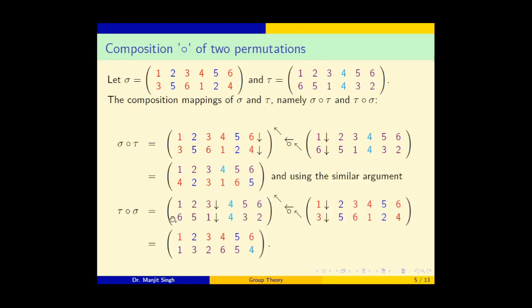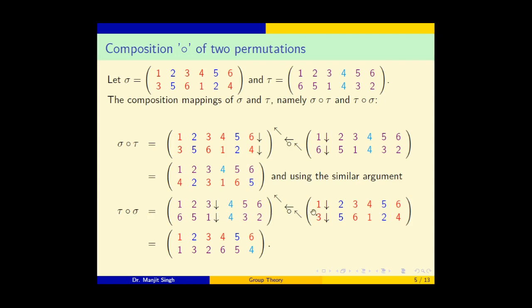Now in a similar way we can figure out tau sigma, in the same way by following the arrows. 1 has image 3, and now we are with 3, and 3 has image 1.